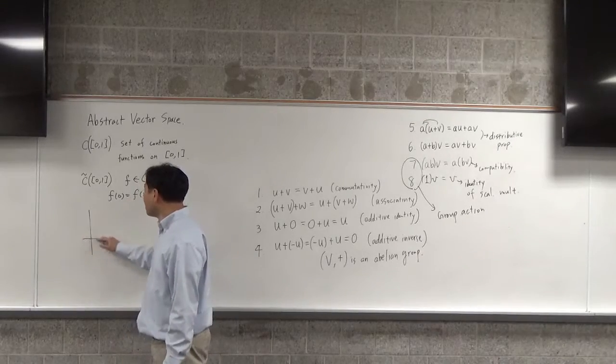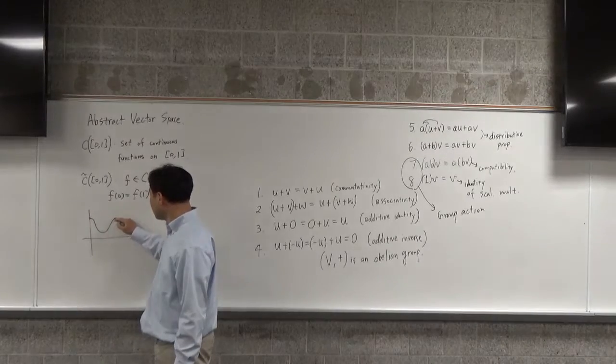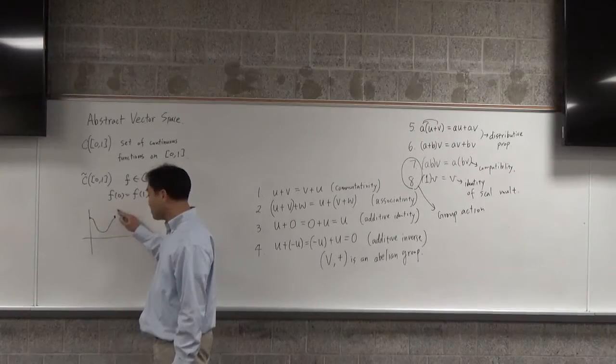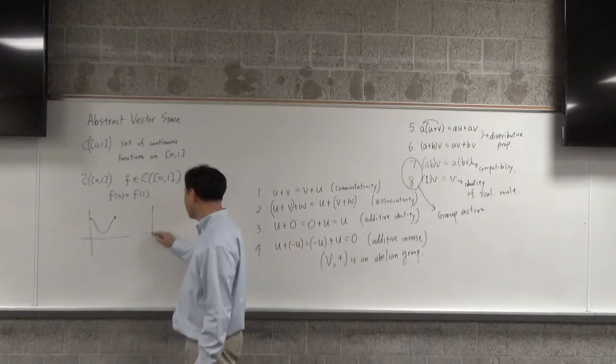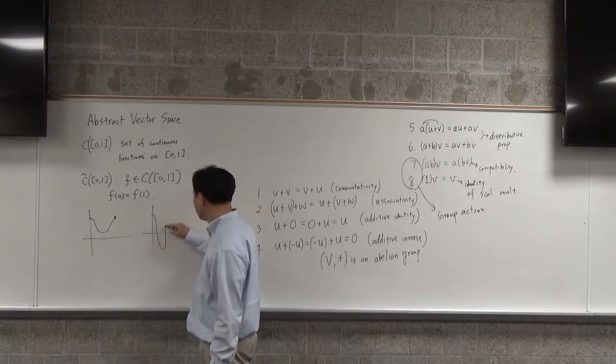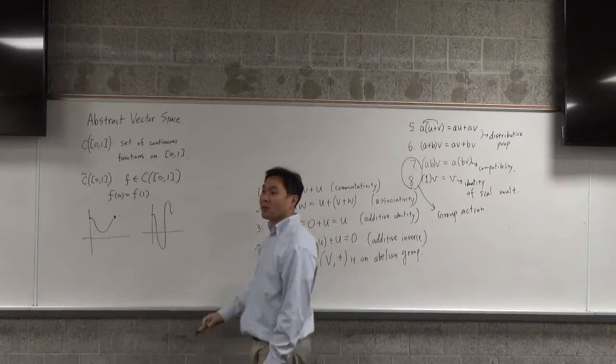So things in this C tilde would be like some function that's like this, and these two values have to be the same. Or it might be like this, so you have to have the same values, right?